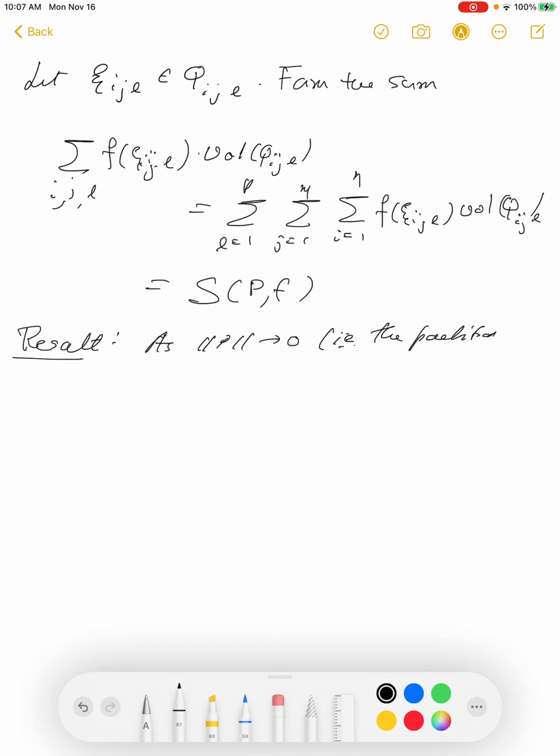That means n, m and p tend to infinity, and the grid of the partition becomes smaller. So the partition becomes finer and finer. That's the correct word to use.